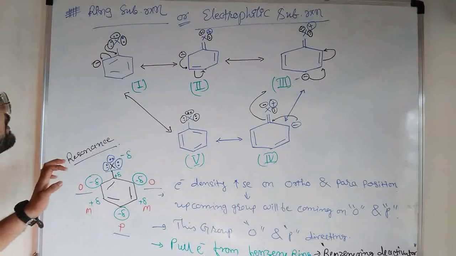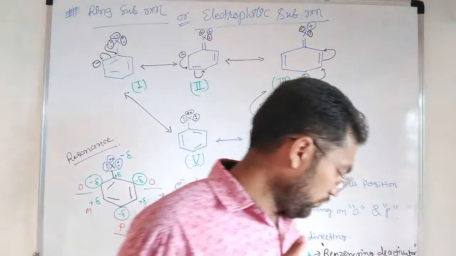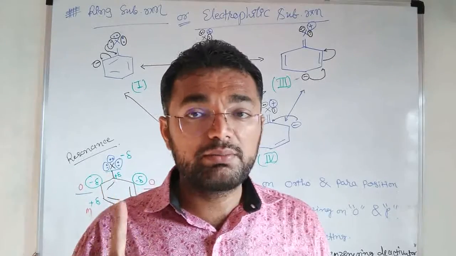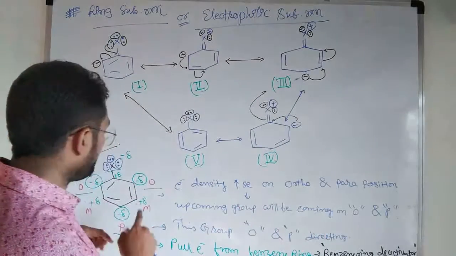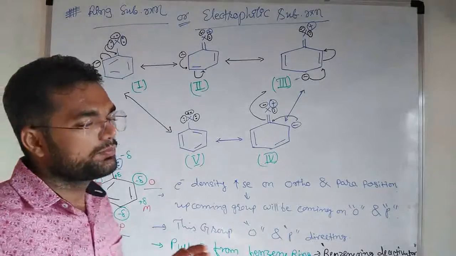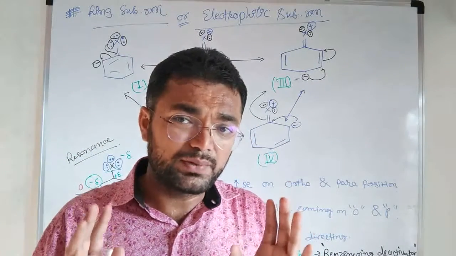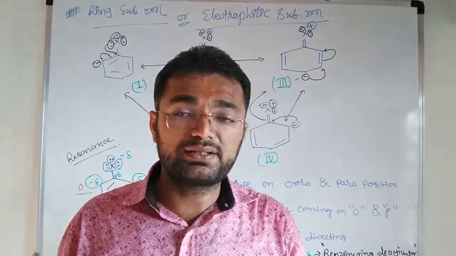This is the basic criteria, and in addition to this, I am adding one more thing. Remember this is my concept. Why partial negative and partial positive? Because in any chemistry concept, bond formation requires partial negative and partial positive charge.